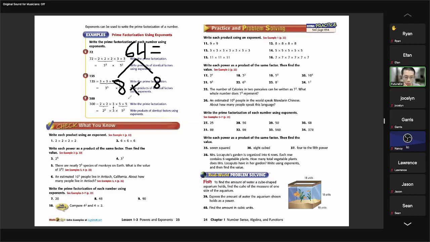Now, we're not done yet. What numbers divide into 8? Can you think of a number that goes into 8? Let's say 4. What's 8 divided by 4? 2. Okay, does anything go into 2?